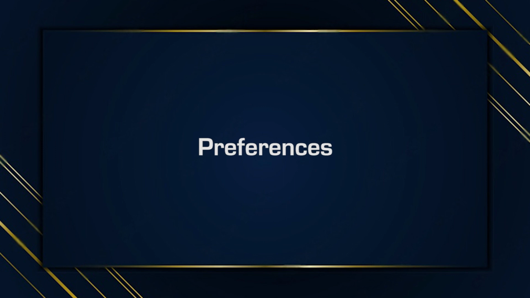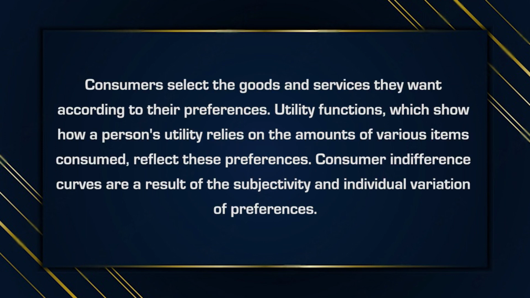Preferences. Consumers select the goods and services they want according to their preferences. Utility functions, which show how a person's utility relies on the amounts of various items consumed, reflect these preferences.